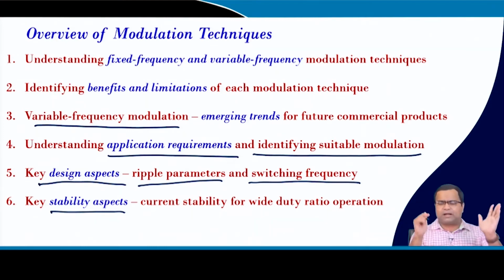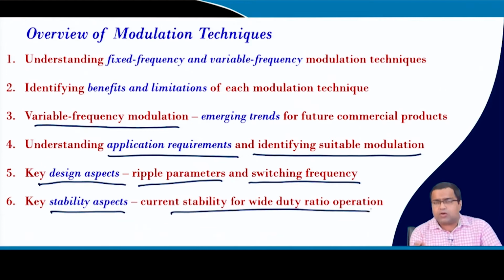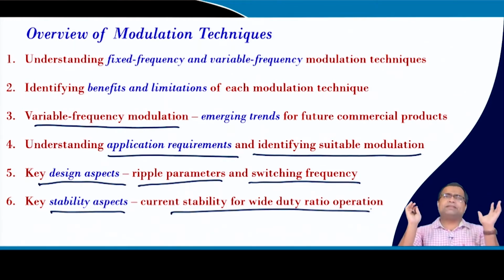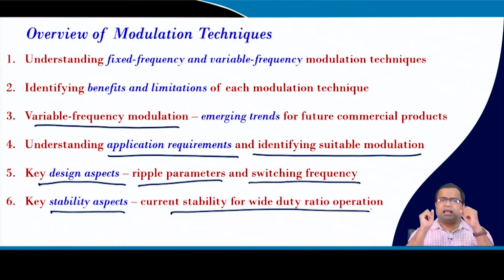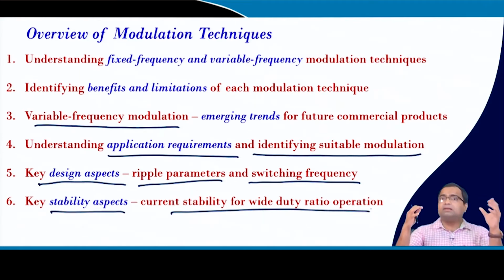So they can be operated for wide duty ratio operation, whereas in peak current mode control you have real difficulty when you try to go for wide duty ratio operation because of current loop stability, and we often introduce ramp compensation, which also lowers the current loop bandwidth. Also, in many precise applications where we need to track the average current precisely, we need to track the ripple parameter precisely, and there this ripple based control can be very useful, where we may not need to use any ramp compensation.